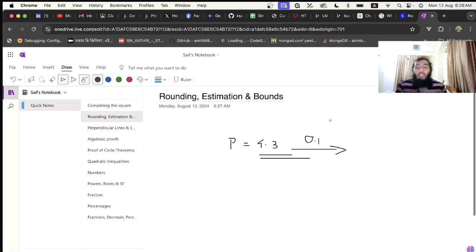We can write 4.3 as 4.30, right? 4.3 and 4.30 are exactly the same. So if 4.30 is rounded to the nearest 0.1, it means what?